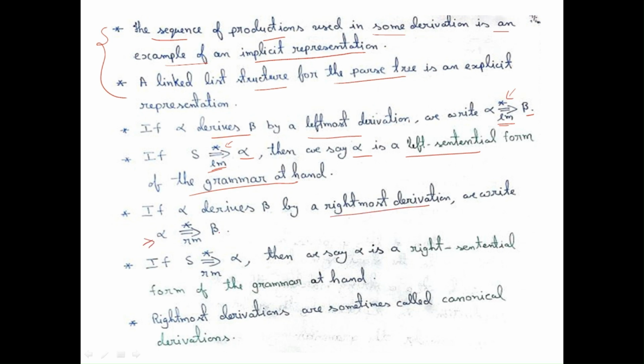Alpha derives beta in 0 or more steps, and rm is used for representing the rightmost derivation. Similarly, if the start symbol derives alpha in 0 or more steps in rightmost derivation fashion, then it is called a right sentential form. Also, rightmost derivations are called canonical derivations.